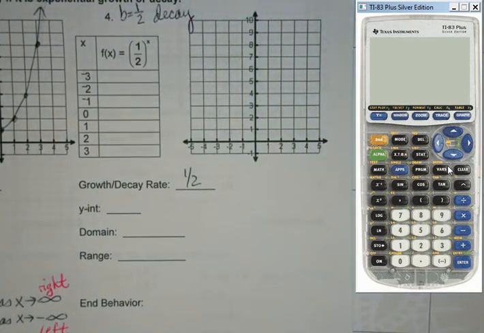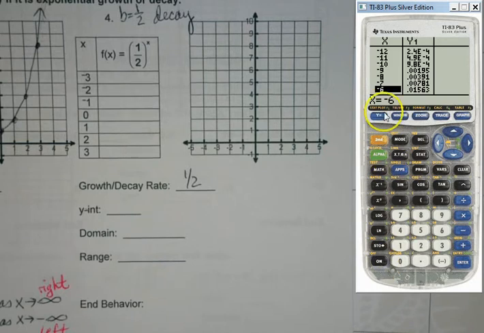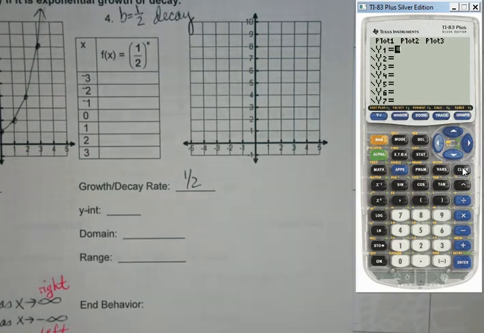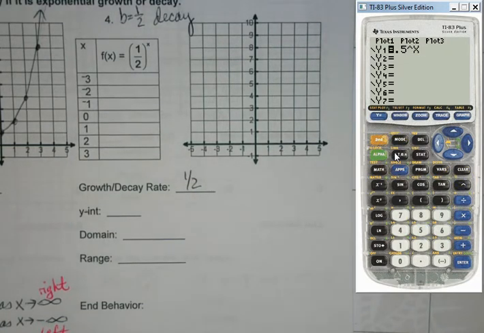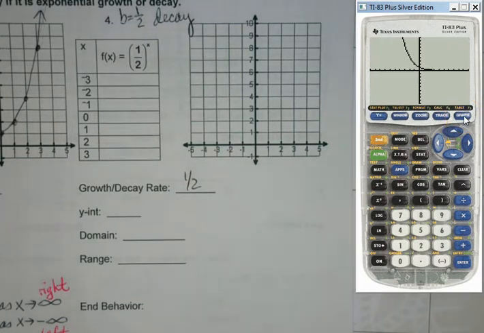And again, like we did before, I can either pop these in manually, or I always have the backup plan. So if I start here, I can either put the 1/2 in parentheses, or what's 1/2 as a decimal? 0.5. So I could just do 0.5 to the x if I wanted to. So I look at that, yep, looks like decay, going down to the right.